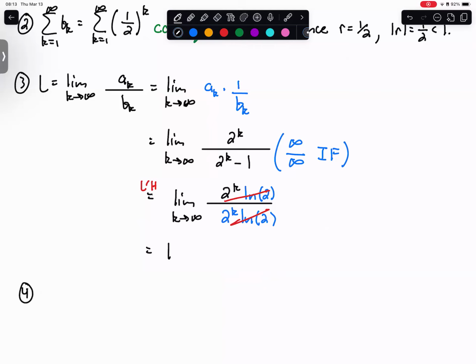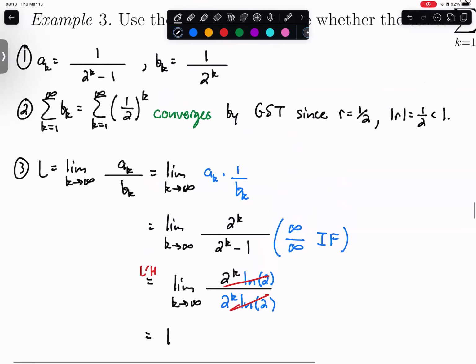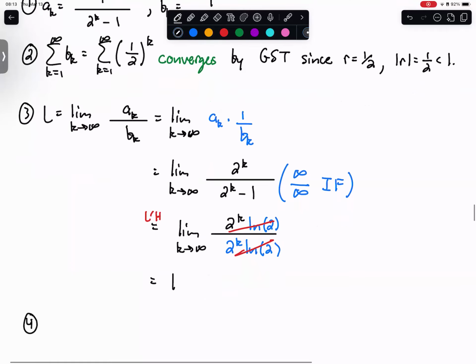So before I write our conclusion, let's summarize how to interpret our work. I have the series that I'm comparing with, 1 over 2 to the k, and I know that the series with B of k in it converges by the geometric series test. I took the limit as k goes to infinity of A of k divided by B of k, and I got that the limit was a positive finite number.